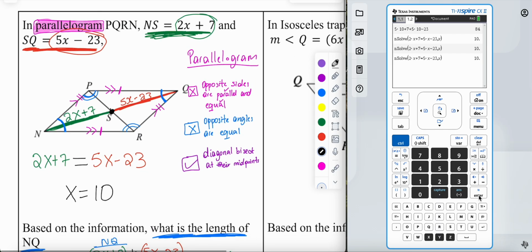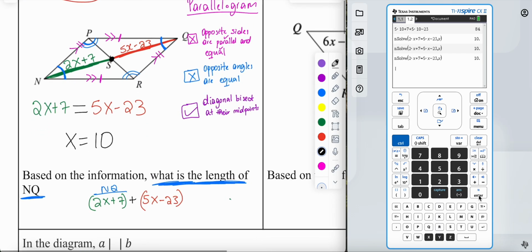Now, is that the answer we are looking for? That's not the final thing. The question asks us for the length of NQ, all of this. All of this is the green plus the red: the green, 2x plus 7, plus the red, 5x minus 23. Notice you have the x inside here. We know x is 10, so we substitute x equal 10 anywhere we see x.